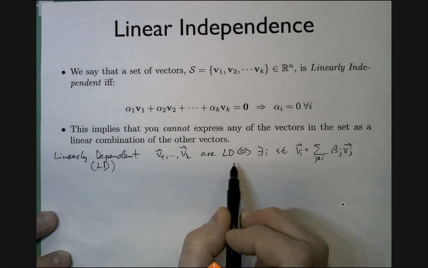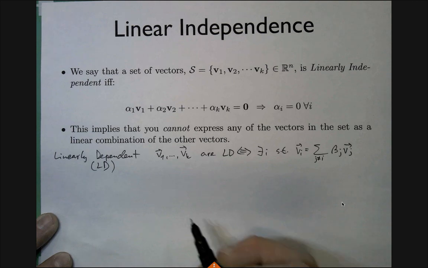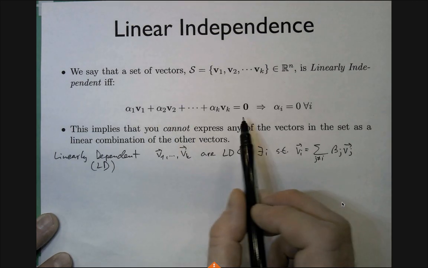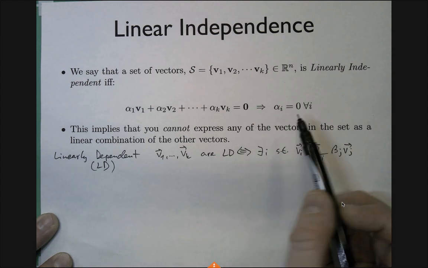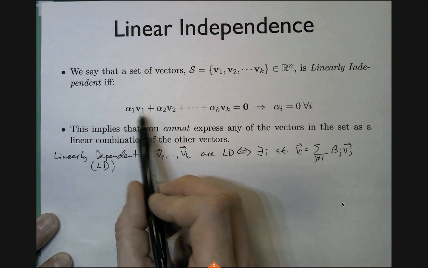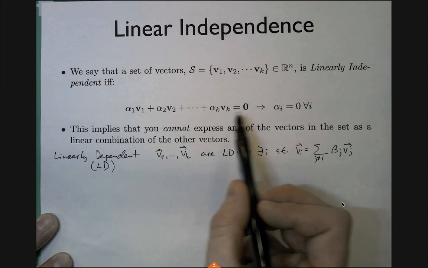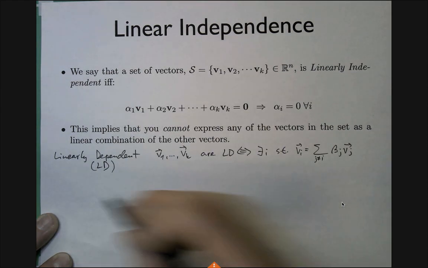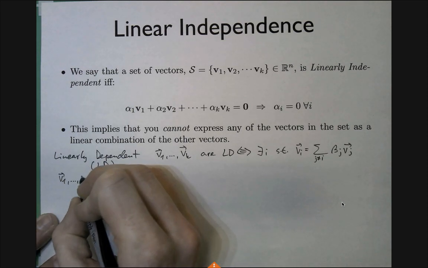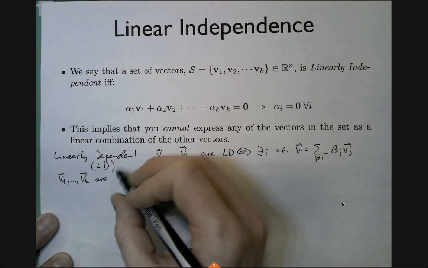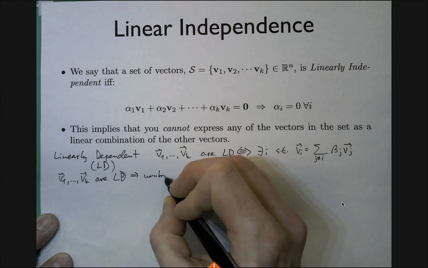Well, let's start from the fact that they are linearly dependent. That means they are not linearly independent. So what does that mean? That there needs to be a sequence of scalars alpha 1, alpha 2 to alpha k which is non-trivial and gives me zero.